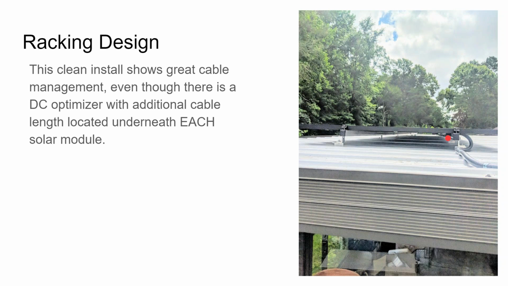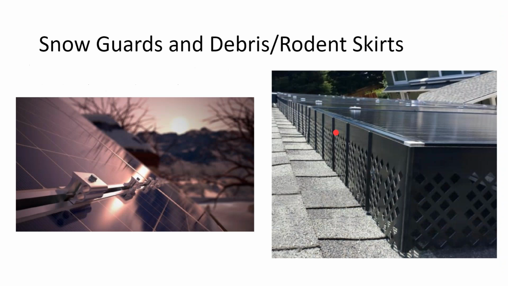You see the little boxes and cables right here, and that cable then is going right into this rail. So no squirrel is going to get up under there and start chewing things up as you would if you had kind of a rat's nest of cable underneath.